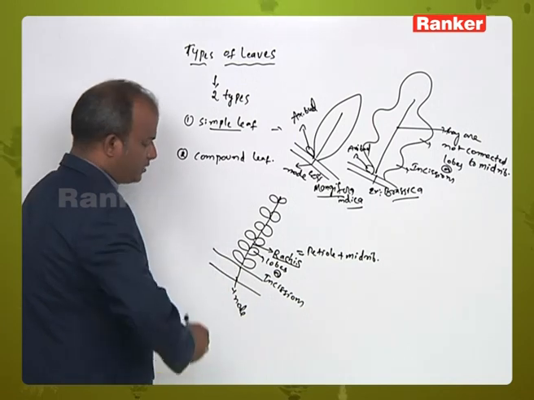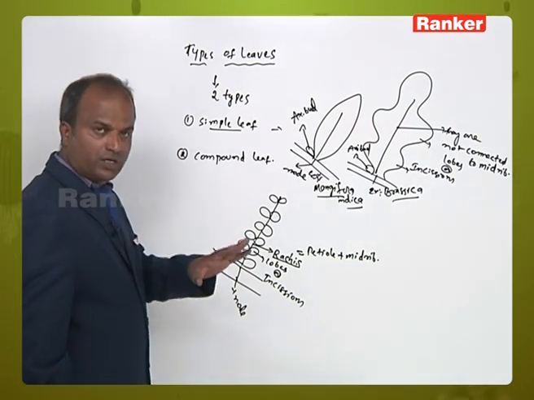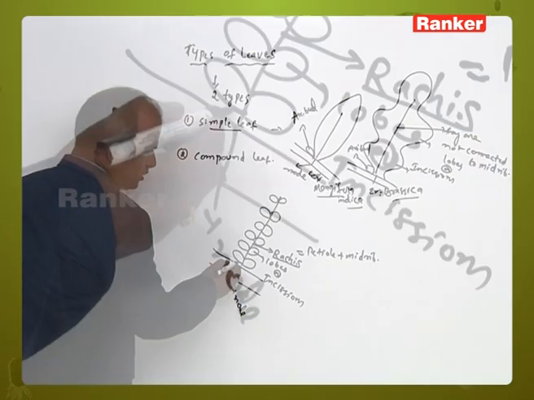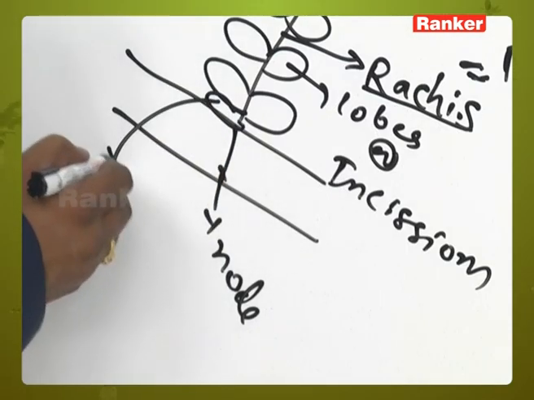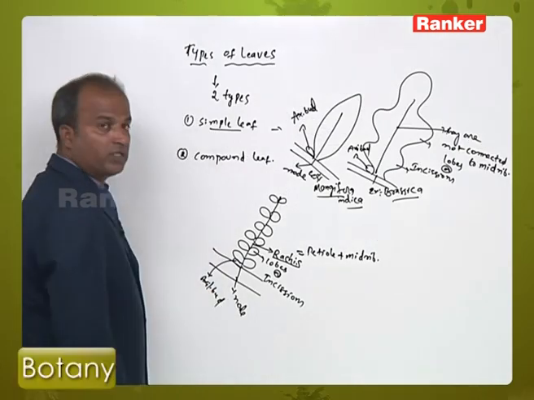What is meant by axil? The upper angle between the node and the compound leaf is called the axil. Here it shows an axillary bud, and here also it shows an axillary bud. But what is the difference?